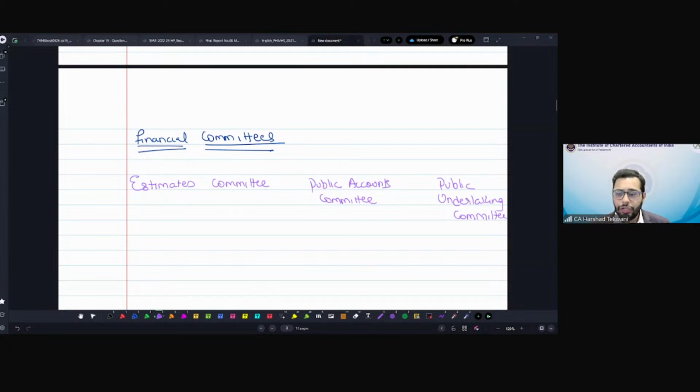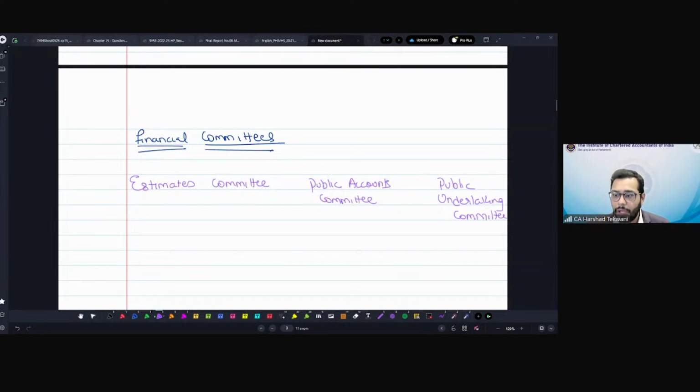So they go and verify and check whether some reform or change can be brought in with respect to the estimates of that particular entity, or what change can be suggested with respect to the functioning of that organization, undertaking or corporation. So basically the committee on estimates works on how changes can be brought in.